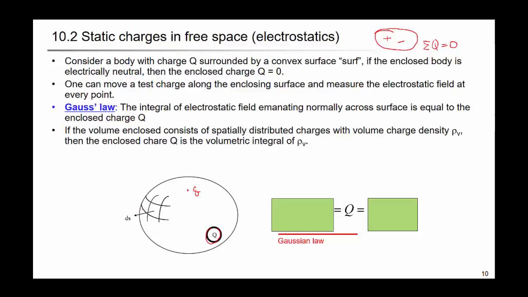If you move this test charge and measure the electrostatic field at every point on this surface, then the integral of the electrostatic field emanating across the surface is equal to the enclosed charge Q. This is from here.